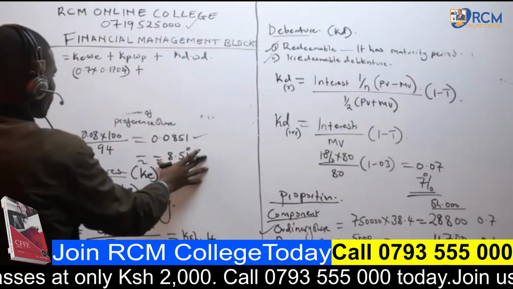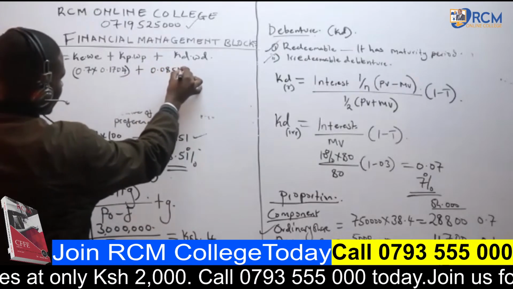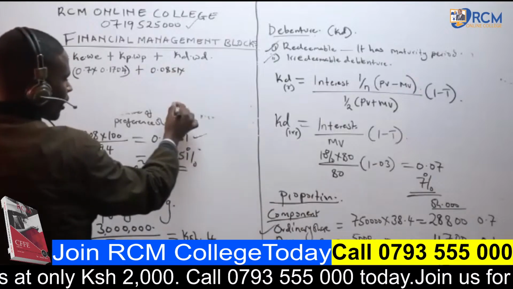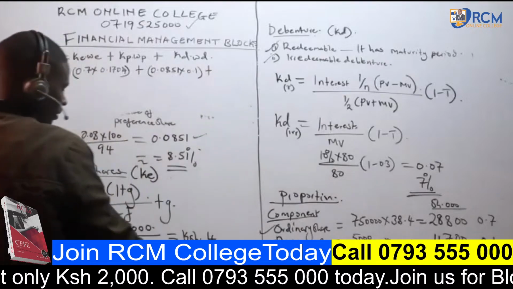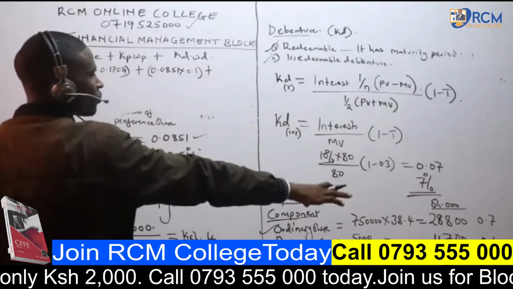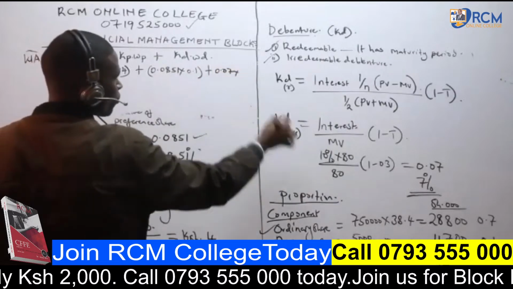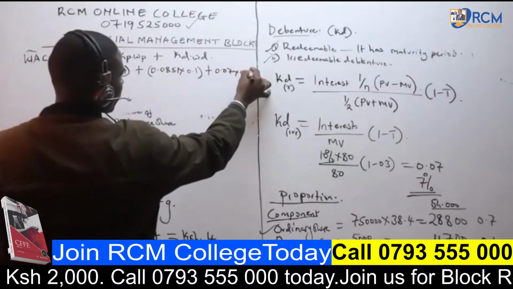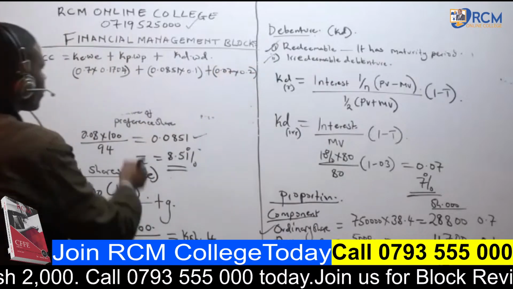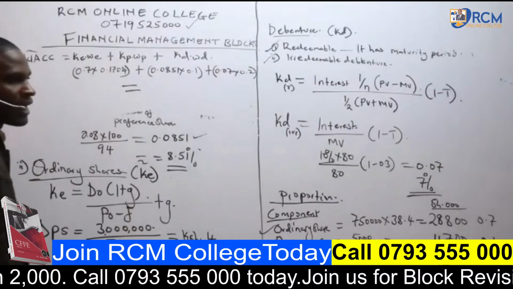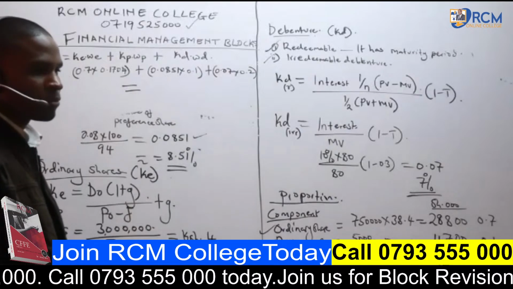We have it there: 0.0851 times 0.1, and then the last one is the cost of debt, 0.07 times 0.2. Now, can you give me this? And we will be done. You can put it in your calculator the way it is.